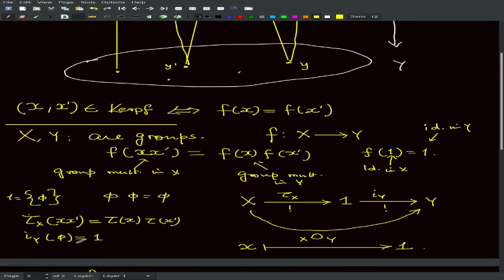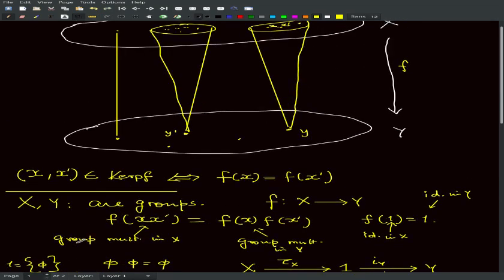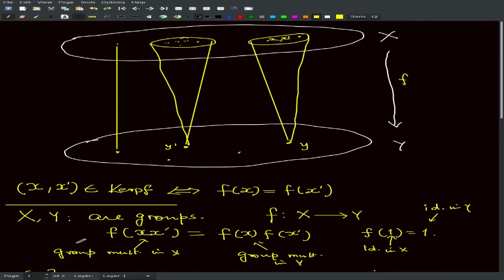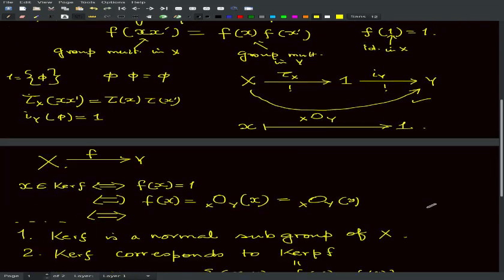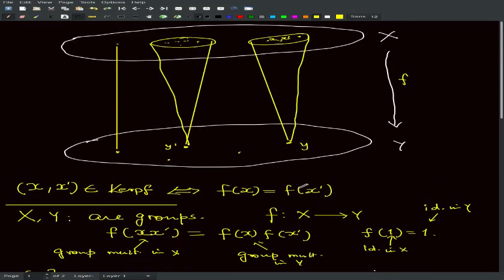But where kernel pair still works. So we don't have a way to speak of this kind of a relationship, something like this or something like this in case of general sets, but we can speak about something like this, and that takes up the position here in the general sets.